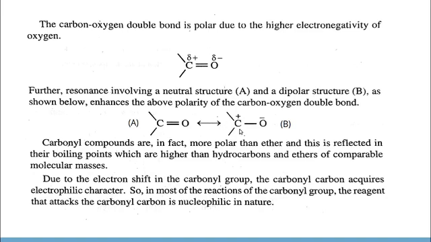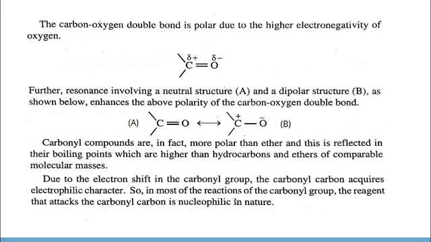Electrophilic means electron loving. Electrons have negative charge, so if this carbon is electron loving, it should have a positive charge. Opposite charged particles attract, so the electrophilic carbon has a positive charge.